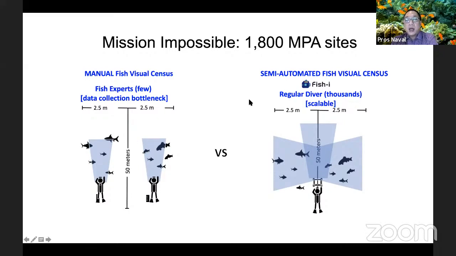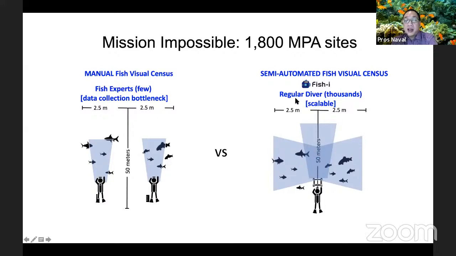What we are proposing is a semi-automated fish visual census, which we have called the fish eye. With this semi-automated fish visual census, you don't need a high level of expertise.